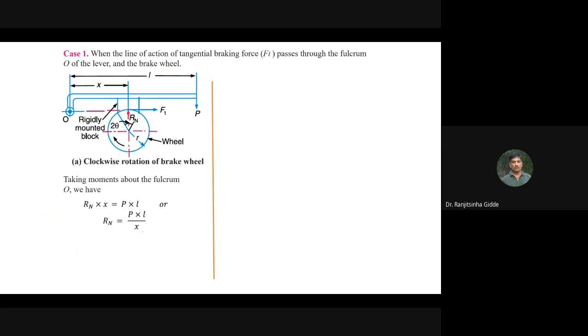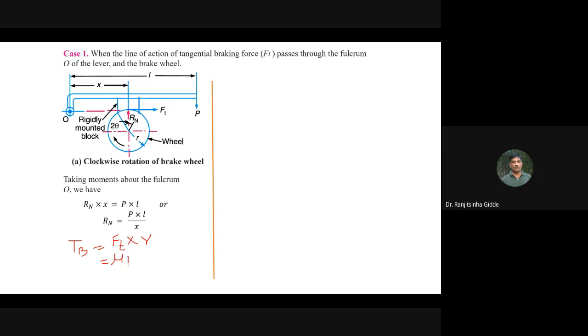Or Rn is equal to P into L upon x. Then we know the braking torque, that is Tb is equal to Ft into R. So what is Ft?